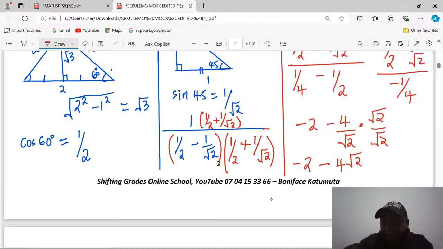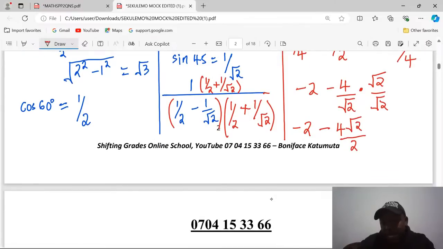divided by, when you multiply √2 by √2, we get 2. And that means now there can be a simplification, -2 minus 2 the root of 2. Minus 2 the root of 2.